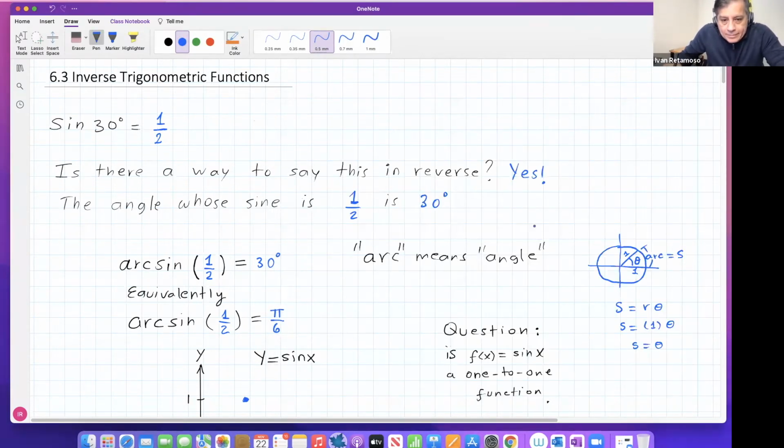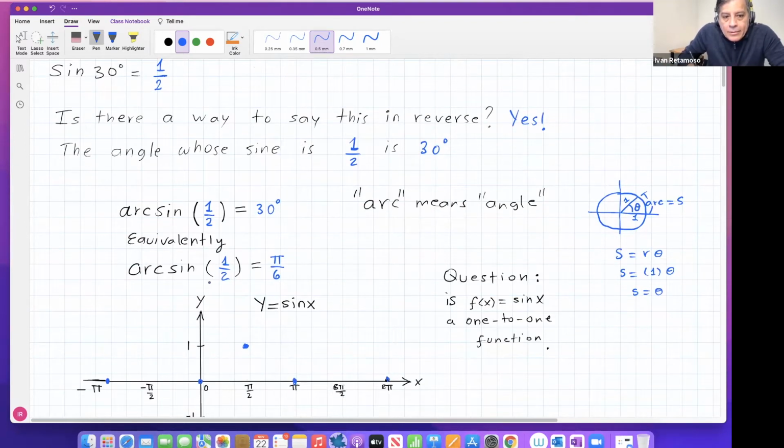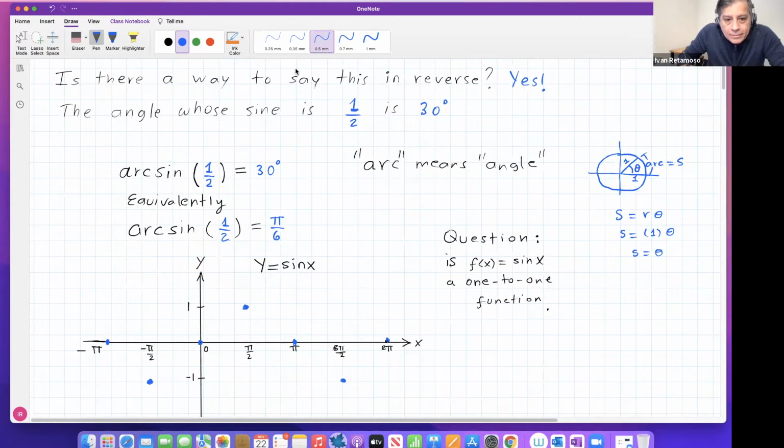Now, guys, let's try to define this arcsine operator formally as a function. For that, let me show you the graph of the sine function. Remember, it starts at 0, reaches its maximum 1, back to 0, minimum -1, back to 0.